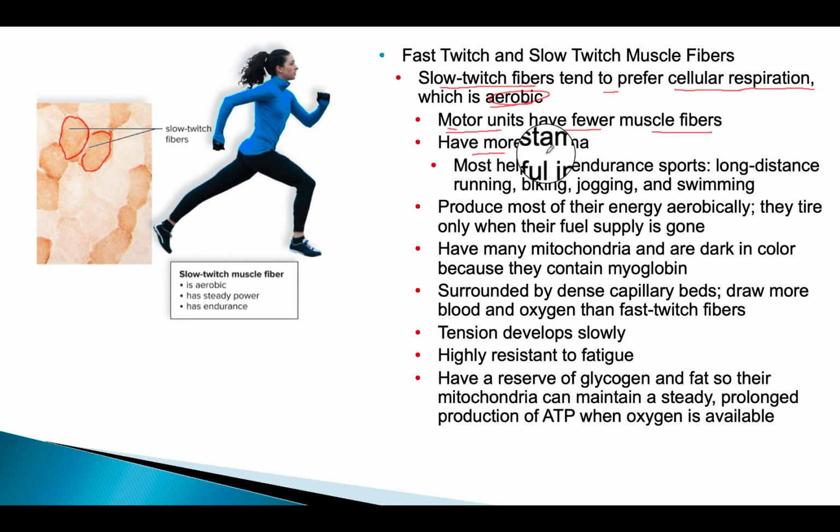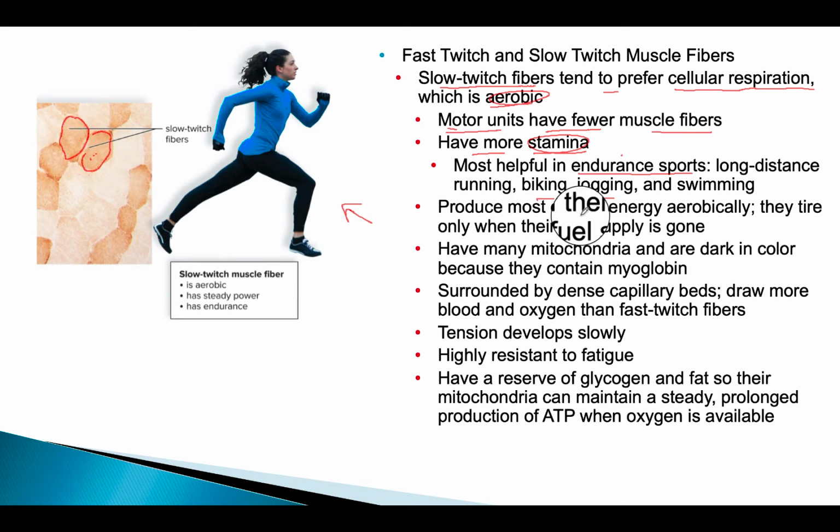They have more stamina, which is helpful in endurance sports like long distance running, swimming, biking, and jogging. Those are where these muscle fibers are going to be very effective.